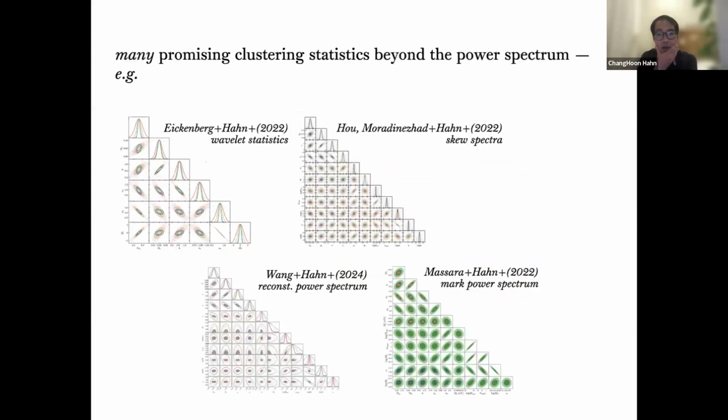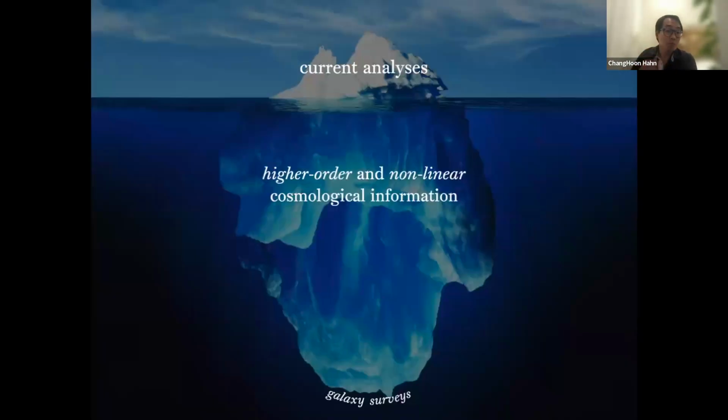And at this point, we've done this for multiple different clustering statistics beyond the power spectrum and find consistent improvements over the power spectrum alone. So clearly there's significant amounts of higher order and nonlinear cosmological information.